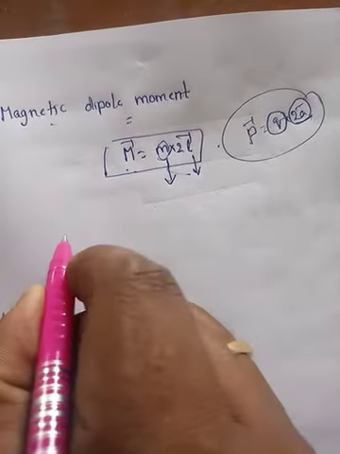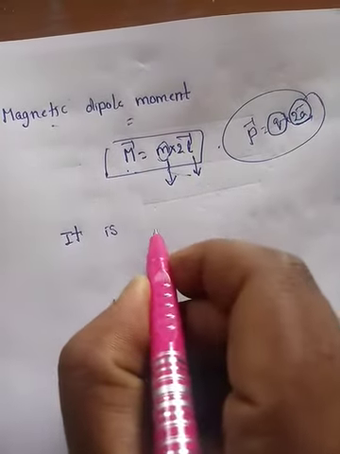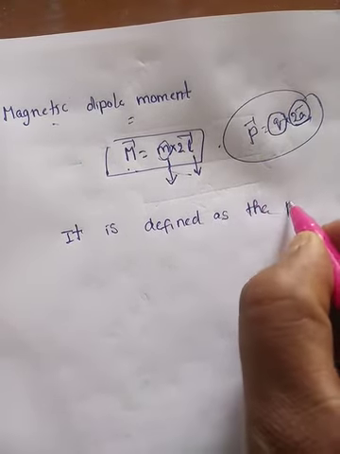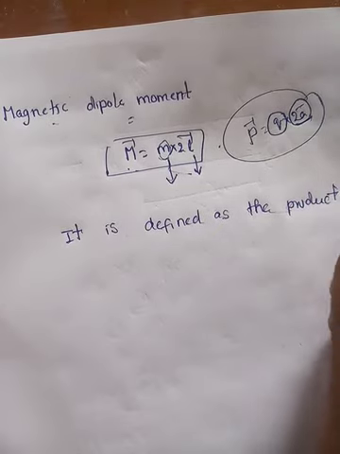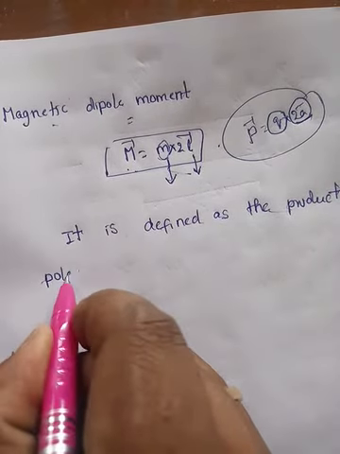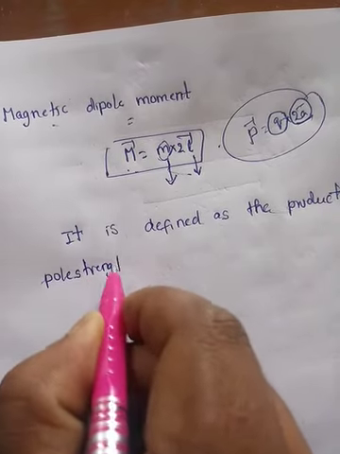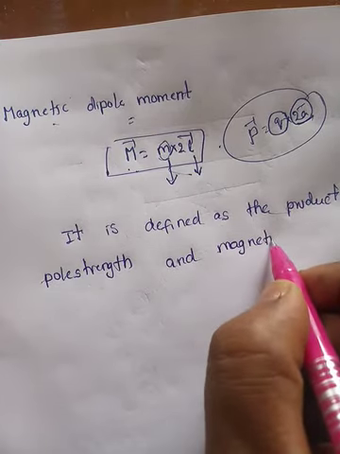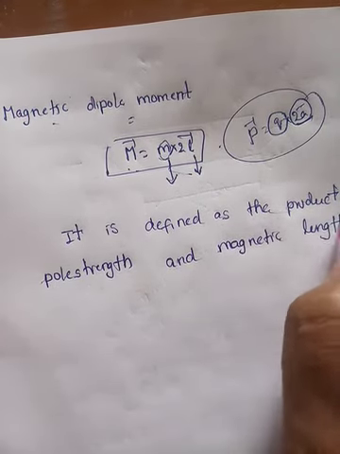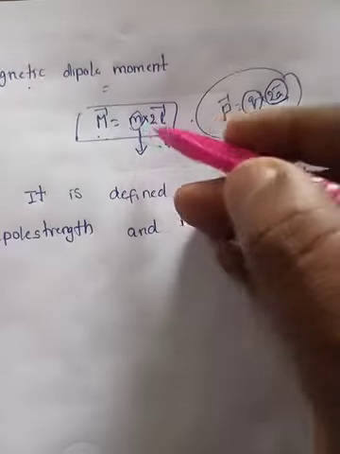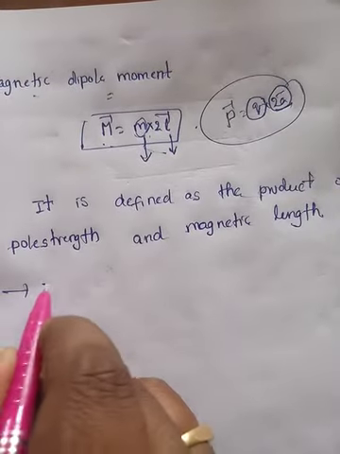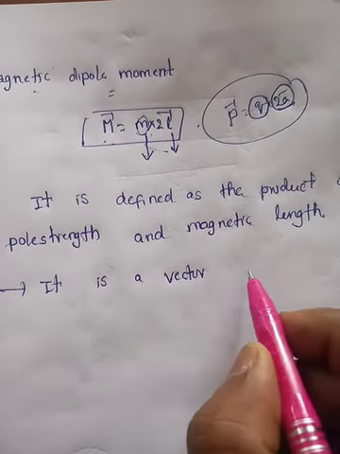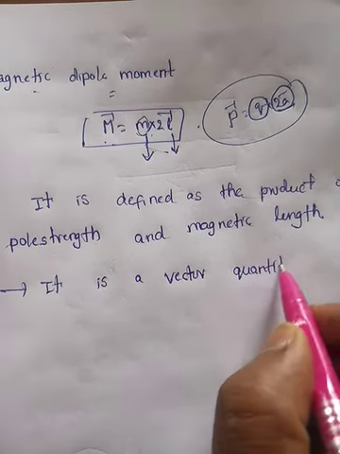So it is defined as the product of pole strength and magnetic length. Is it right? Product of pole strength and magnetic length. What is this? It is a vector quantity. What is the direction?